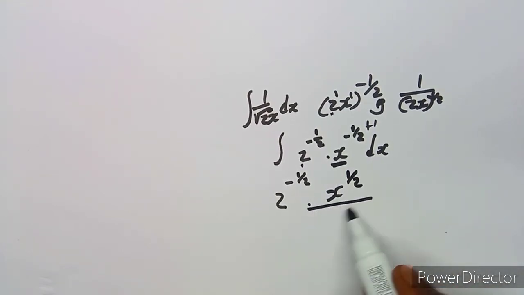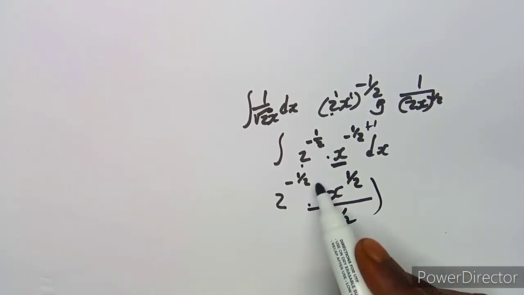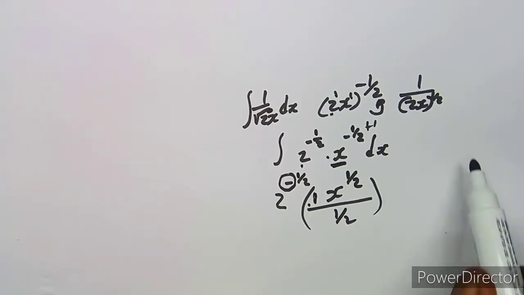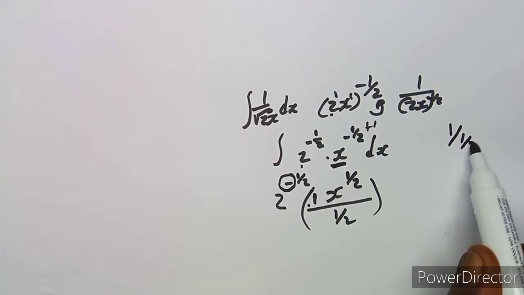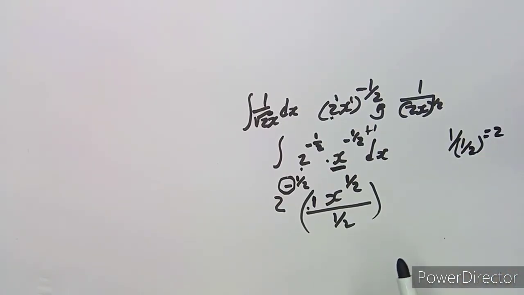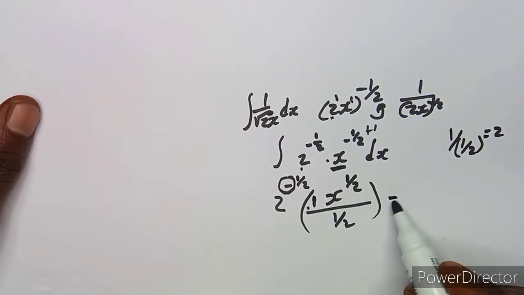That's a half over a half, like this. If you cross check here, it's like we're having a negative exponent here. All right, and also this is 1 divided by this one. It's 1 divided by a half. So if you divide from your calculator, 1 divided by a half, that's going to give you a 2.